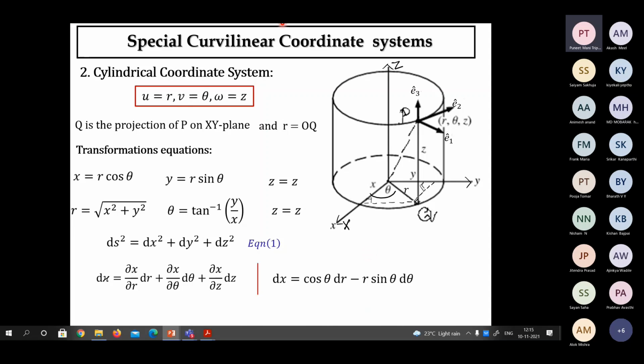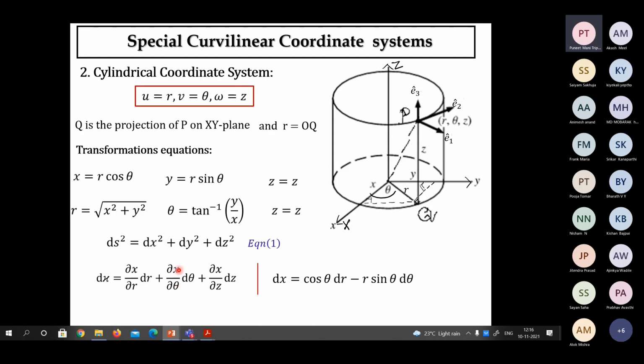This is what we are going to find. We know x is equal to r cos theta. So dx you can find, that is equal to dou x by dou r dr. Dou x by dou r is only cos theta because only r you are going to differentiate. It is a partial differentiation. So only cos theta and the remaining dr is written.